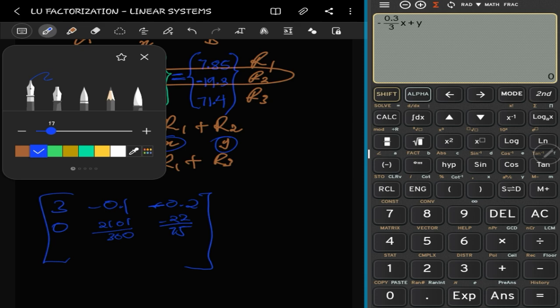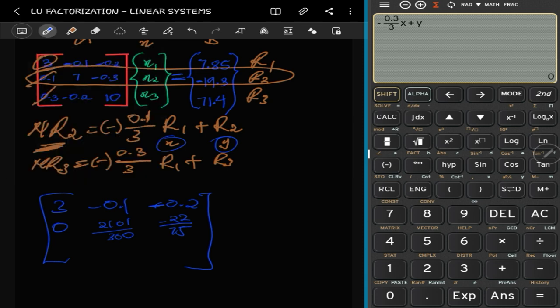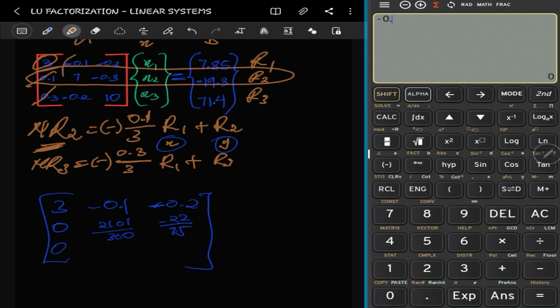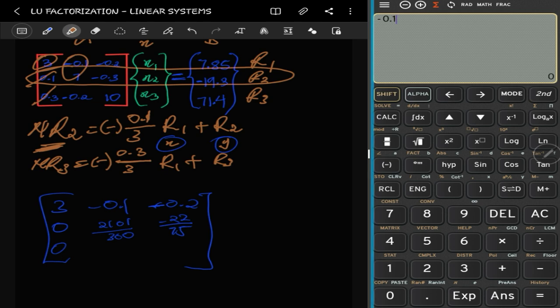Always the first one is to help you test, because the aim was to turn the one under the pivot to be 0, right? So the next one is what? Minus 0.1, right, and the y is what, minus 0.2, right? And that gives us minus 19 on 100, right?